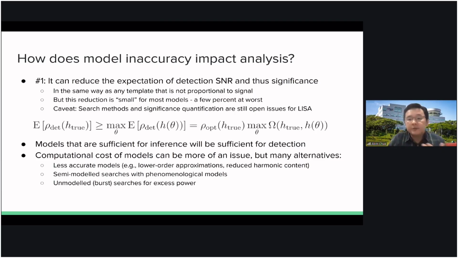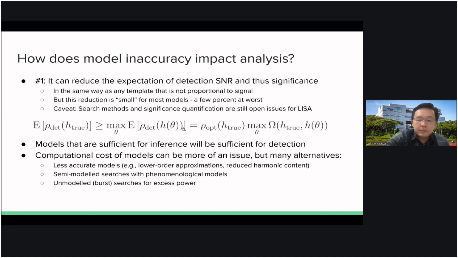In most cases, you would get a reduction by a few percent at worst. However, there is a caveat on the statement that a few percent loss in the detection SNR is considered small, which is that for LISA, the search methods we'll use as well as the significance quantification methods we'll use are still quite open issues.